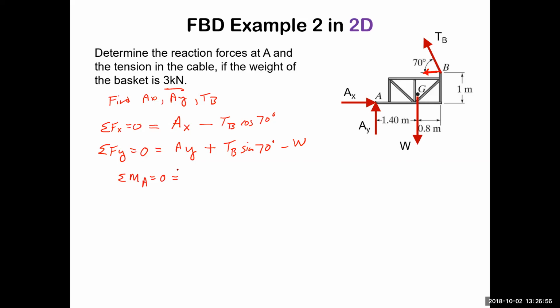And what forces, let's see, extra challenging here. Joel, you want to give us something that's giving us a moment at A? And I would recommend, if you're looking at this tension, to think about that in terms of the Y component and X component. Yeah, W times 1.4, is that positive or negative?